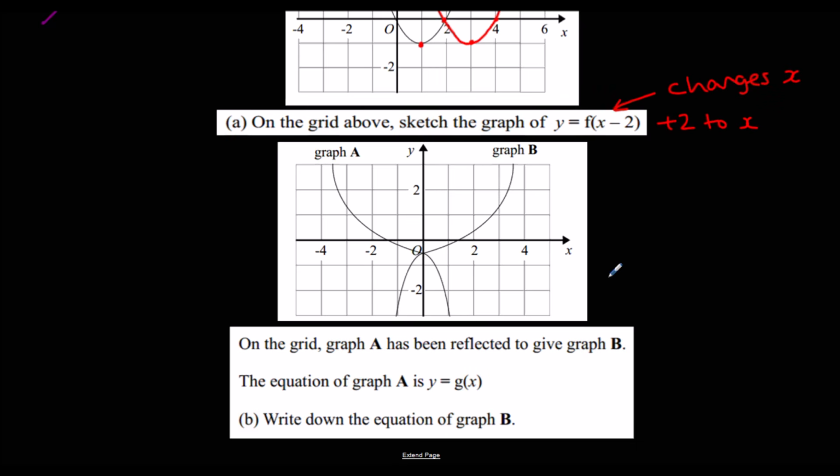And part B, on the grid, graph A has been reflected to give graph B. The equation of A is y equals g of x. Write down the equation for B. So it's been reflected over the y-axis. So all the positive x coordinates. There's not really a nice coordinate here. So this point had 3.53.